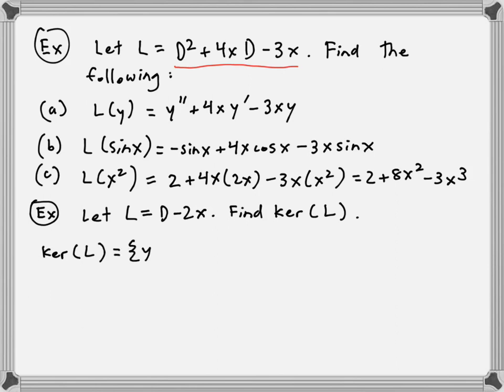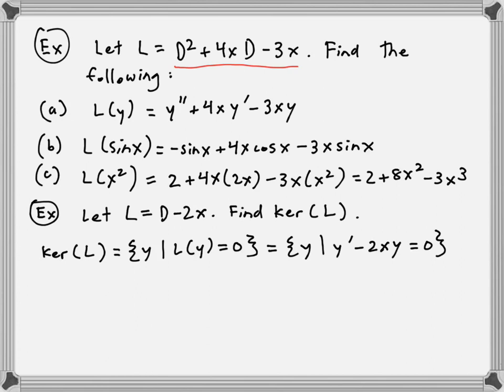It's the set of all functions such that L of y is equal to 0, right? What is that equal to? Well, it's the set of all y such that, what's L of y? Well, we're taking a derivative, and then minus 2xy is equal to 0.